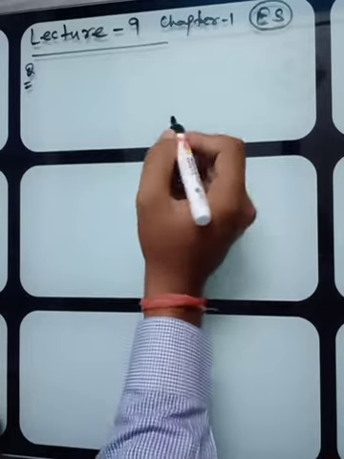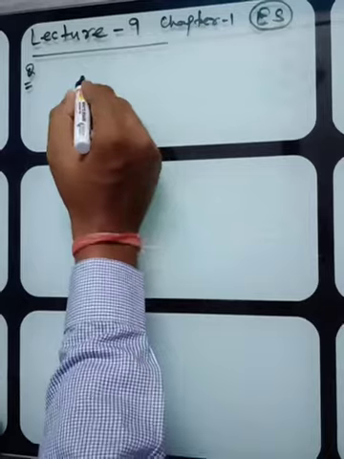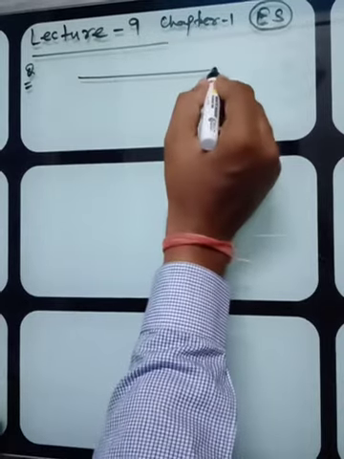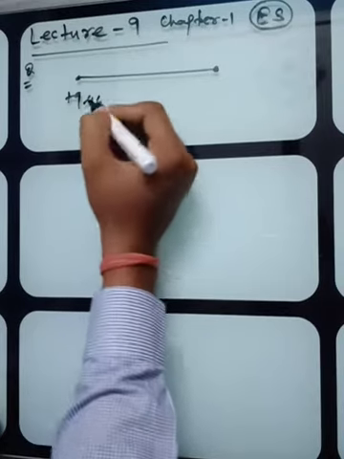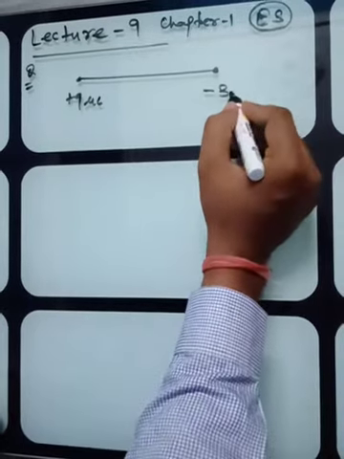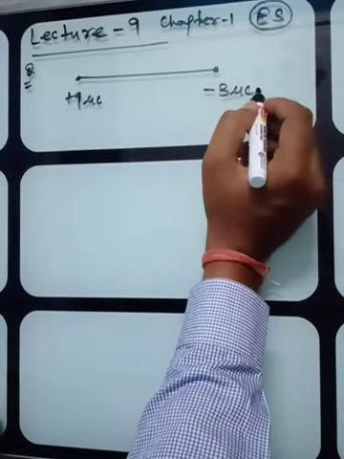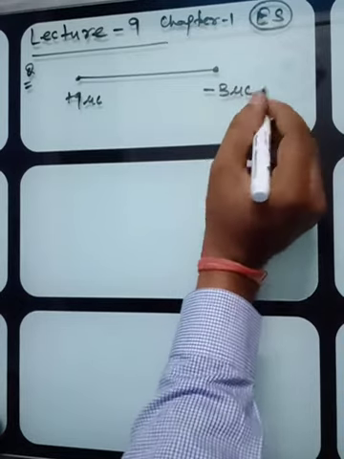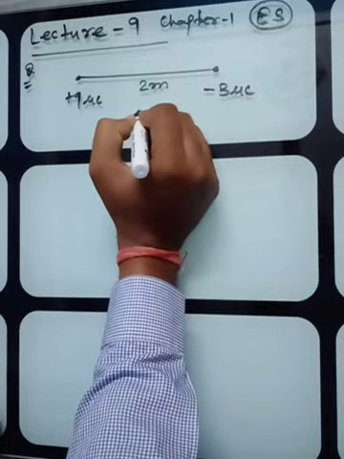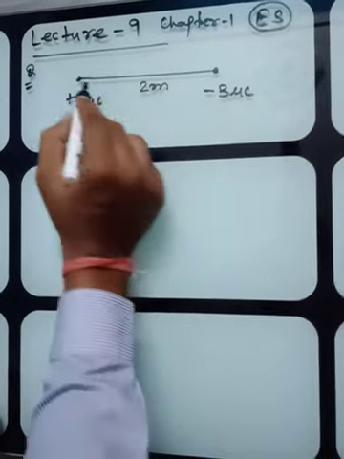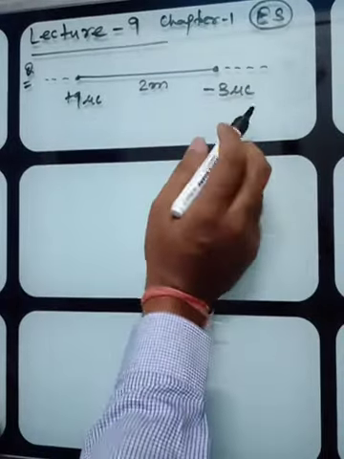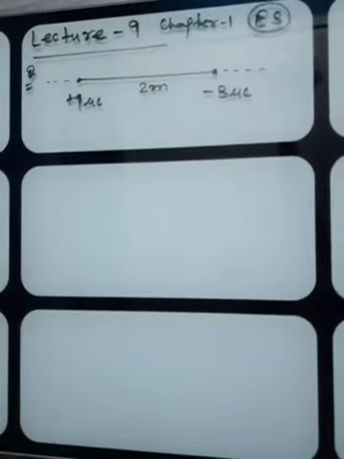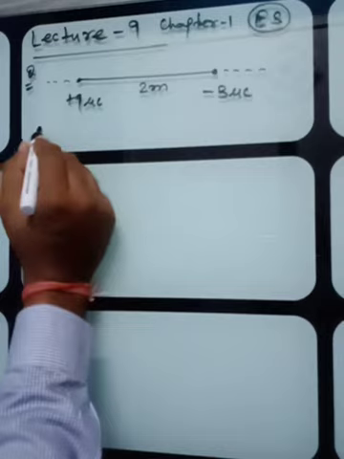In a similar way, today we are going to find out, if you have two charges, say 9 microcoulomb and minus 3 microcoulomb, separated by a distance of 2 meters, with this one positive and this one negative, at which point on the line joining these two charges the net electric field will be 0. Okay students, try to solve this question.